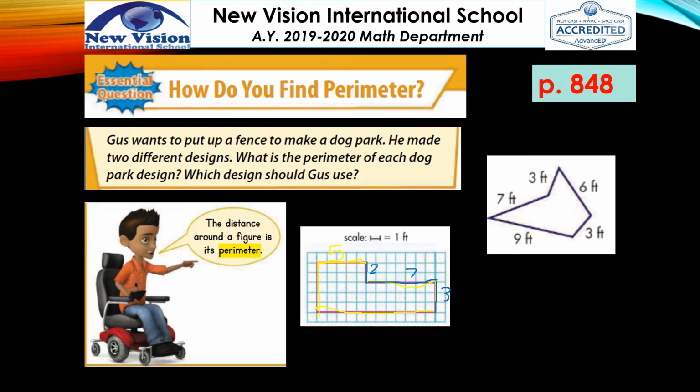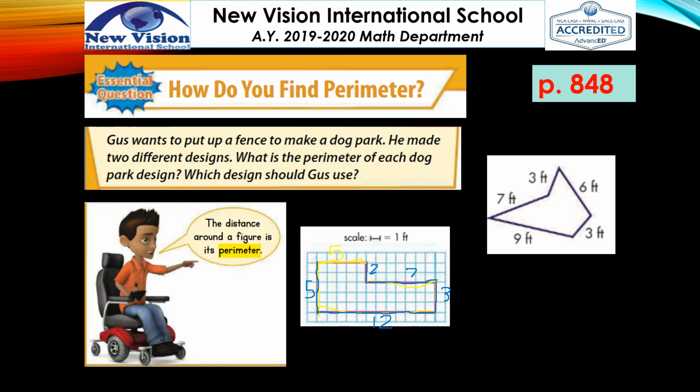This side here, we have 1, 2, 3, 4, 5, 6, 7, 8, 9, 10, 11, 12. Now this is 12. And the last side we have 1, 2, 3, 4, 5. So this is 5.